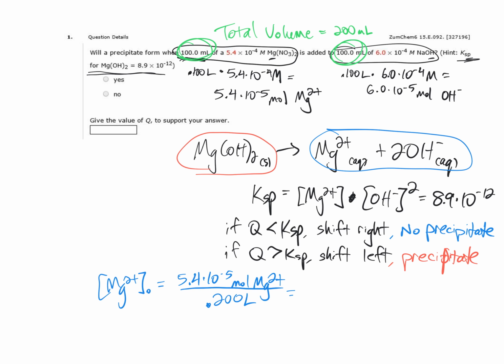And when we divide that out, we get 2.7 times 10 to the negative 4th molar. Now we have an actual concentration. We'll do the same calculation for hydroxide, taking the number of moles we calculated up above and dividing by the total volume.